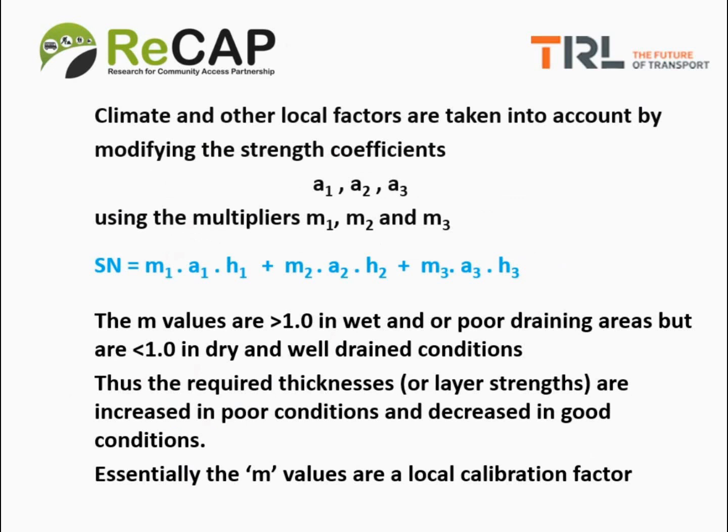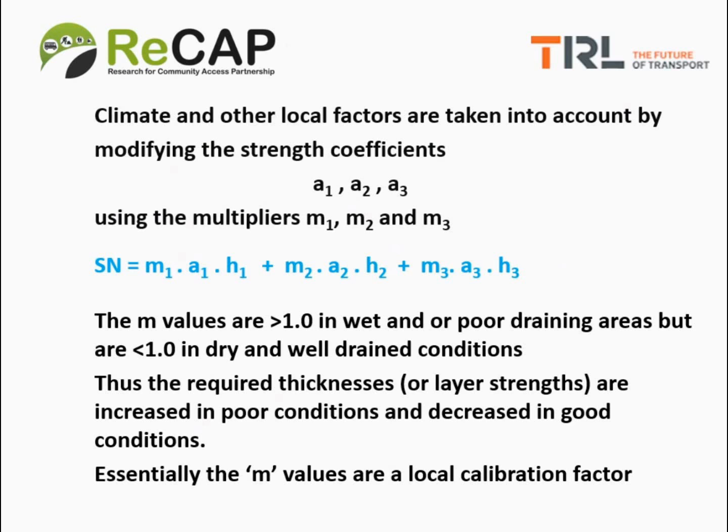So in very wet conditions, the m values are greater than 1, which means that the structural number that you require increases. In very dry conditions, the m values are less than 1, so when you calculate the structural number, a lower value is needed to carry the traffic. So essentially, these are calibration factors for your local climatic conditions. I can't give you the answers for everywhere. You have to do it yourself.